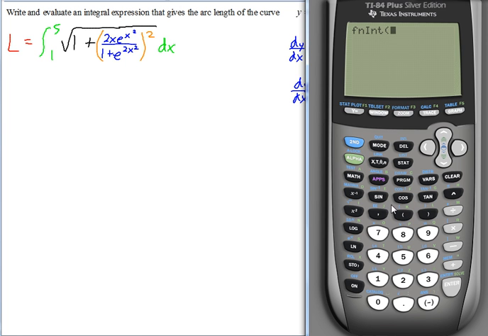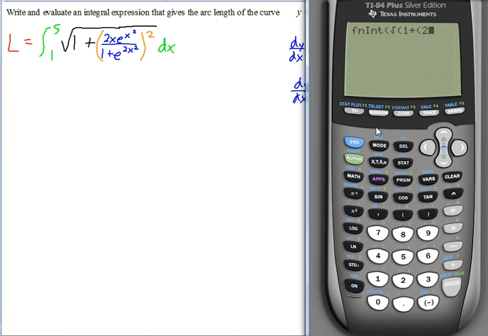So first we need the square root. And then it already puts a parenthesis for us there, for what's inside the square root, so 1 plus. And then we need another parenthesis right here for the one in orange there, because we're going to square that whole thing.